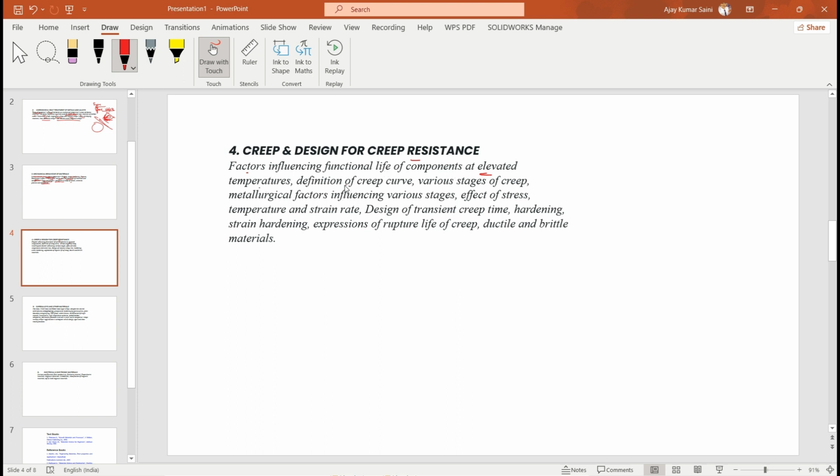Okay, definition of the creep curve, various stages of the creep, and the metallurgical factors influencing various stages, effect of stress, temperature, strain rate, design of transient creep, time hardening and strain hardening, and expression of rupture life of creep, and ductile and brittle materials.